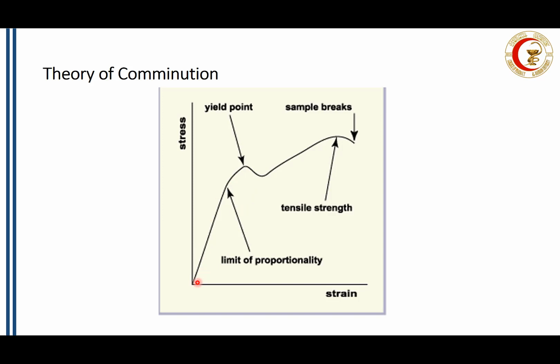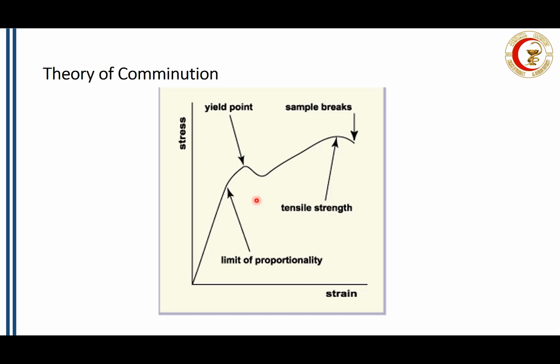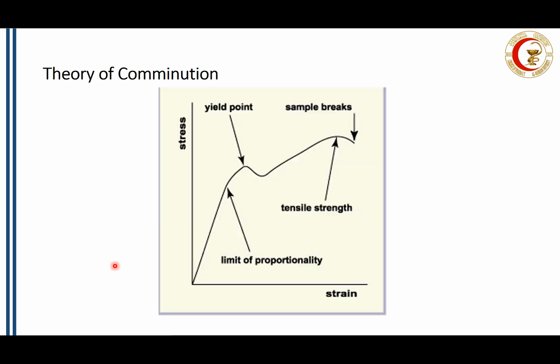This linear part of the theory of comminution is expressed by Hooke's law, which states that stress is proportional to strain, and also by Young's modulus, that is the slope of the straight line, which expresses the softness or stiffness in dynes per square centimeter.